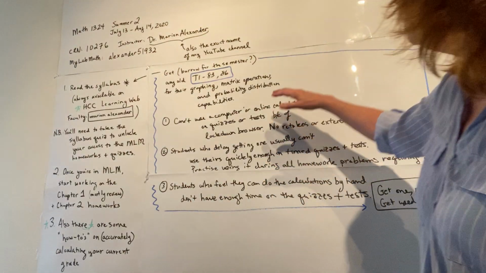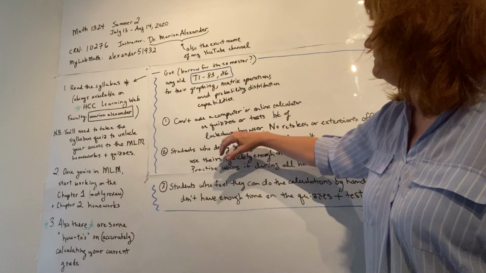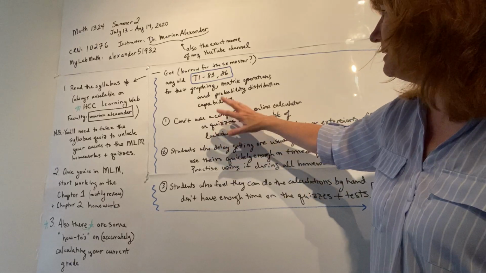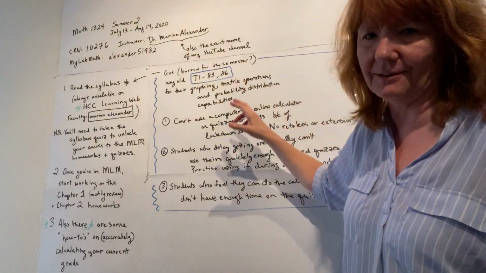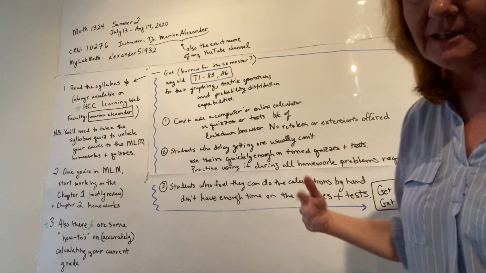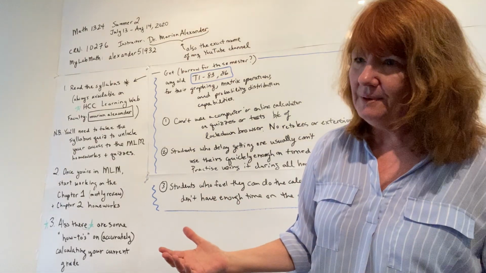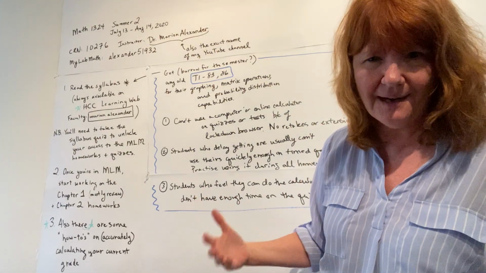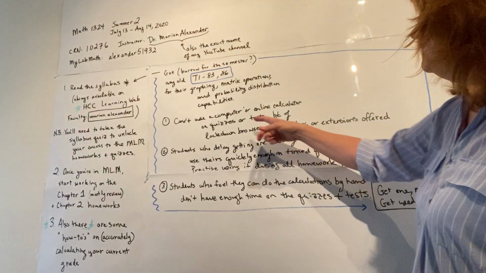So what I've noticed is students think a couple of things about not getting the calculator. And so let me go over, this has happened a couple semesters, maybe over the past few years. I get these kinds of issues.